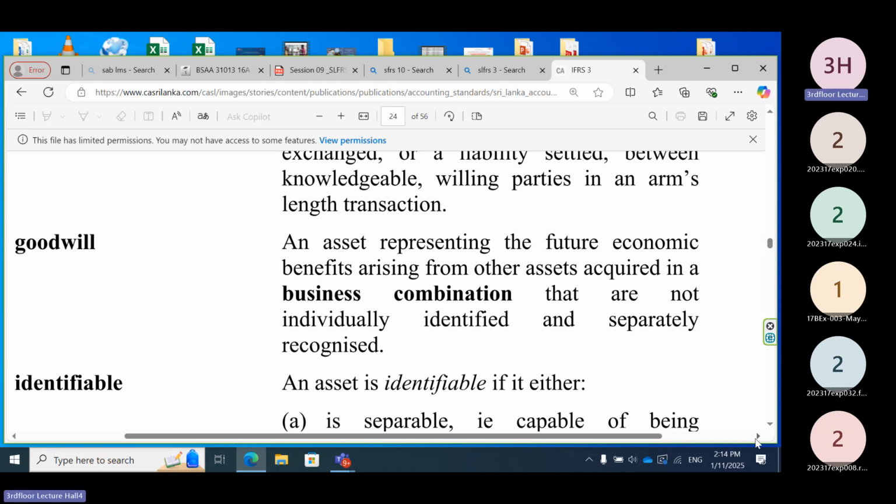Proportionate goodwill means that, as a parent company, you are calculating the goodwill portion for your investment only. Your portion only. You are investing 80%, so you calculate the goodwill only for 80%. That is called proportionate goodwill.